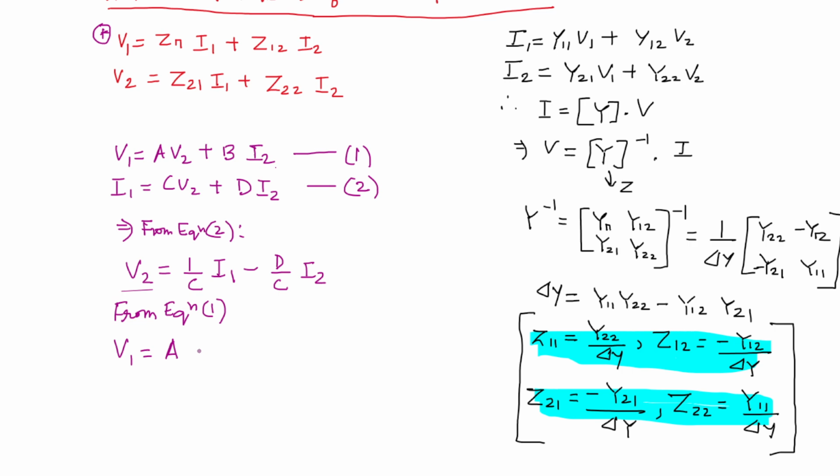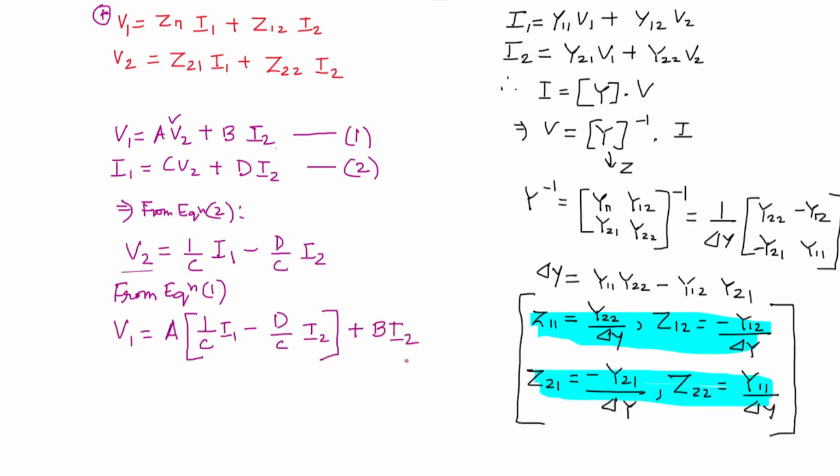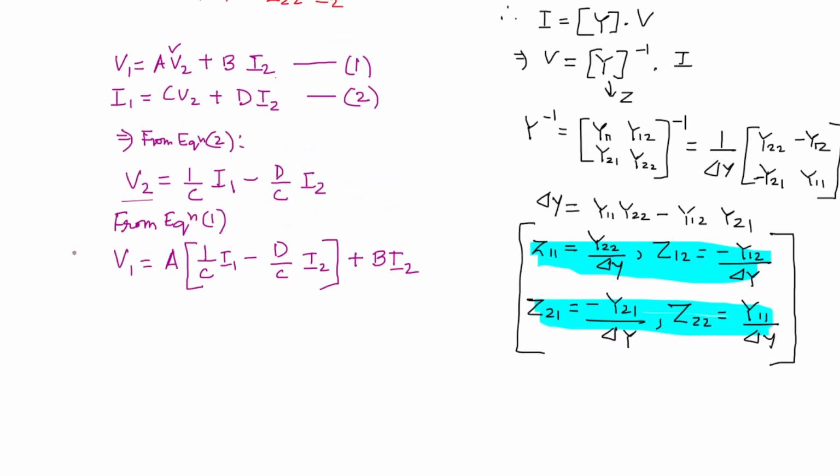So that is A into 1 by C I1 minus D by C I2, that is A into V2, plus B I2. So if you simplify, then if you take I1 common, then it will be A by C I1.